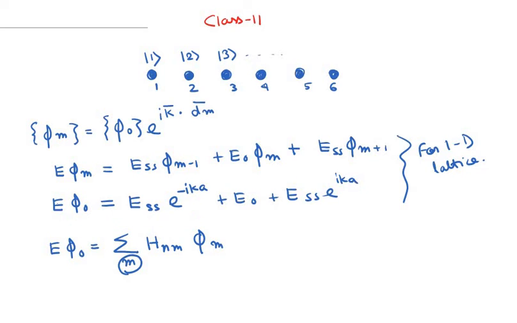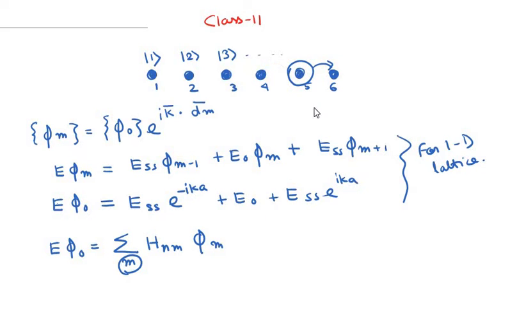Okay, for example, if I am writing this equation for this fifth lattice point, m would be 6 and 4. So here the summation would run from 4 and 6.